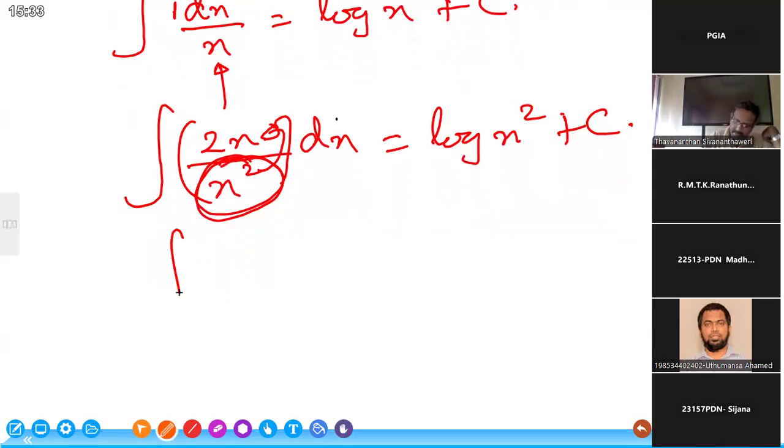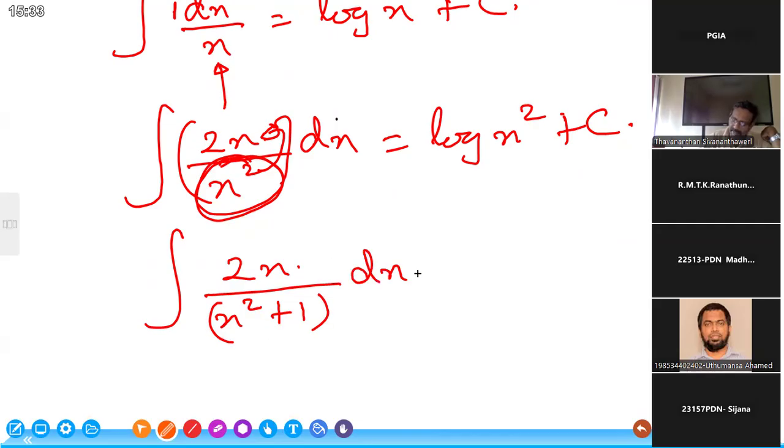Let's say integration of 2x by x square plus 1 dx. What is the derivative of x square? That is 2x, found in the numerator.